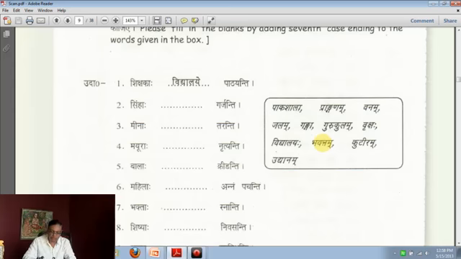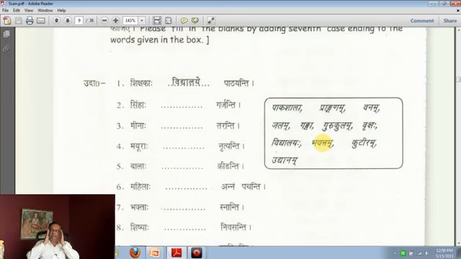Some are feminine, some Napumsakalinga and some Pullinga. Pakashala is feminine, Ganga is feminine, Pranganam is neuter, Vanam is neuter, Jalam is neuter, Gurukulam is neuter, Vriksha is Pullinga, Vidyalaya is Pullinga, Bhavanam is neuter, Kutiram is neuter, Udyanam is neuter.